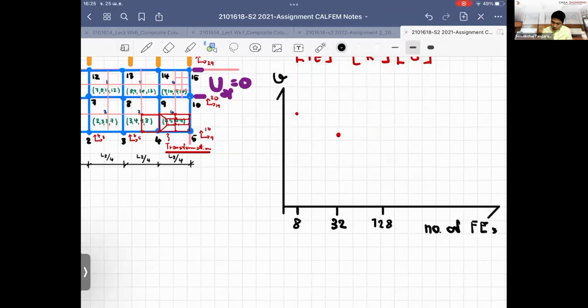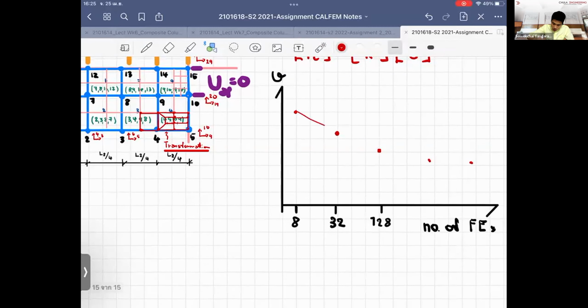The more that you discretize the element, the more accurate result you should obtain until it converges to a flat curve. So this is to be sure that the results that you have here are converged.